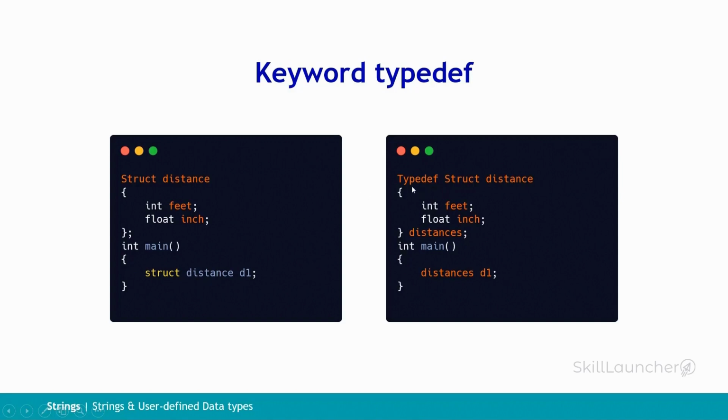So just add the keyword typedef before the structure and the structure name, followed by a name that you would like to give to your structure. So instead of using struct distance while initializing an object, we just need to write the new name given to our structure, that is distances d1. Typedef is nothing but it gives another name to user-defined data types.